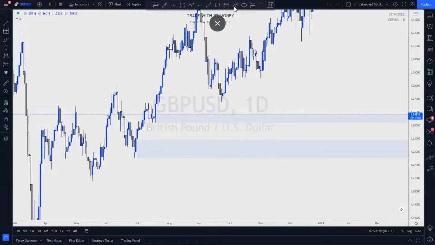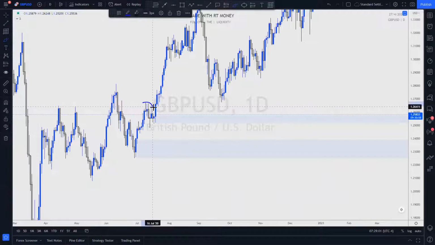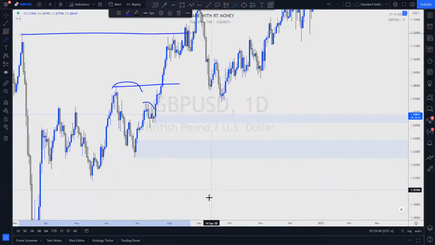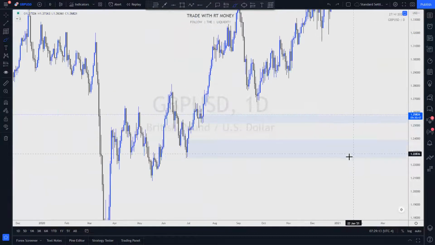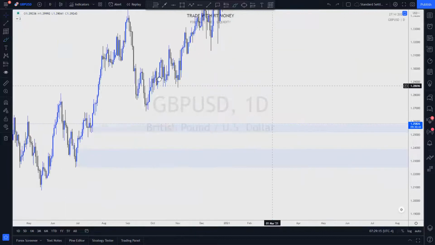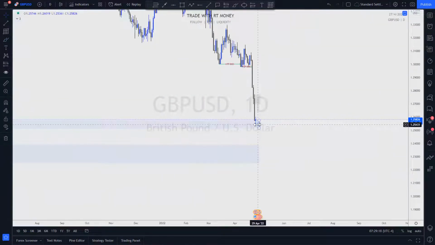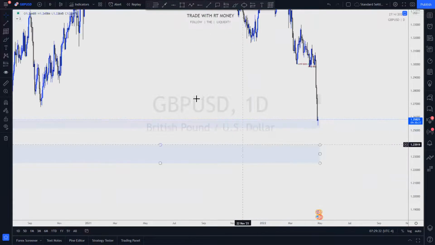It's a valid zone because it took out liquidity, broke structure to the upside, and made a new high. But price has already eaten into the middle of the zone. It's mitigated this zone very well, taking up most of the potential buys in this demand zone.